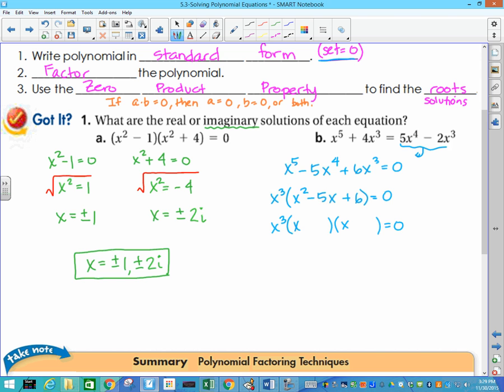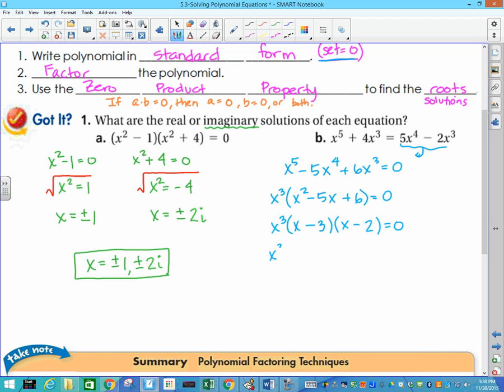As we continue to talk, I'm looking for the factors of 6 that add to give me 5. And that would be 3 times 2. And if it's a sum, the signs will be the same, and they'll be whatever that is. So I need negative 5, and that, of course, gives me negative 5 when I get my minus 3x or my minus 2x. So I'm back to setting each factor equal to 0.